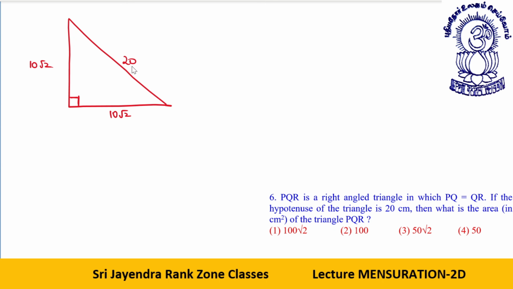See, so there are two ways. First is the direct shortcut, I told you the basic. Direct shortcut is 20 square by 4, as I told you. This gives me 400 by 4, that is 100. Okay, fine, clear to all. Let's do the next one.